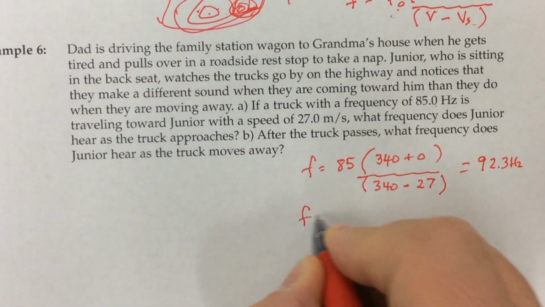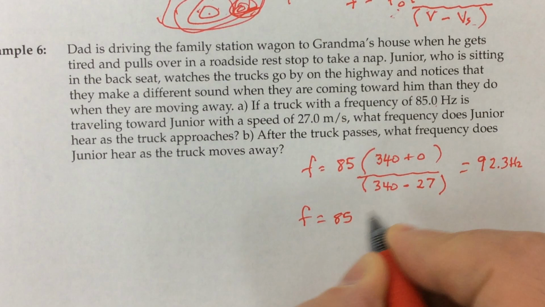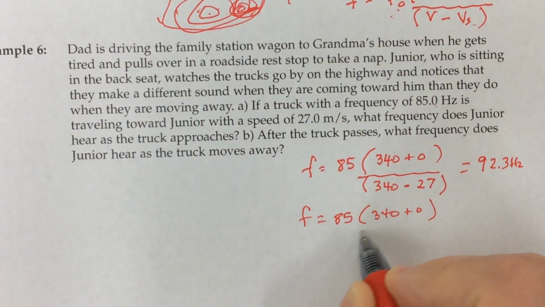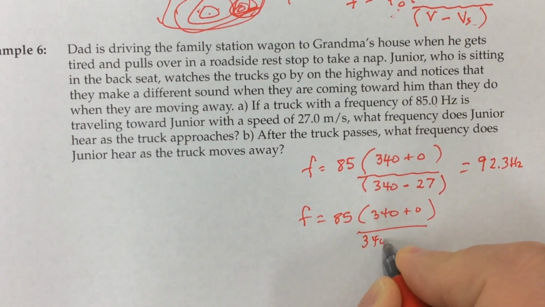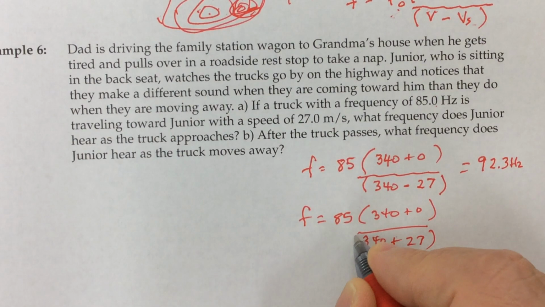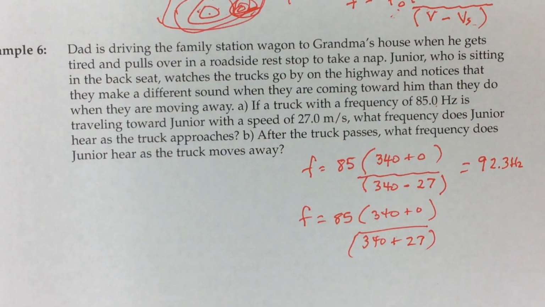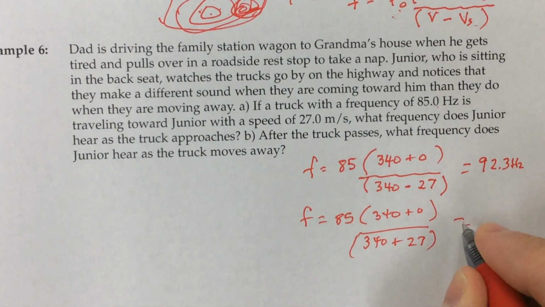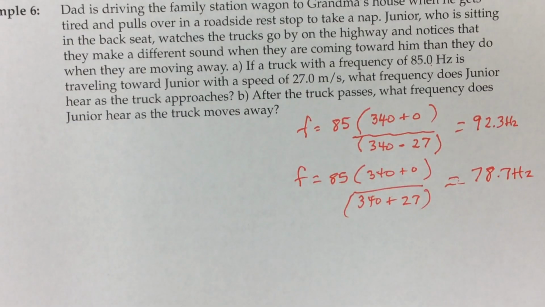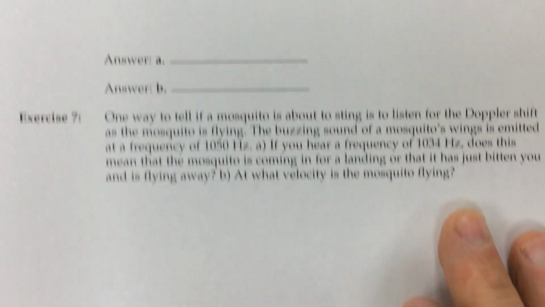So F equals 85 times 340 plus 0, because he's not moving, and then 340, the speed of sound again, minus a minus 27, which is going to affect the 85. It's going to go lower than the 85 now. And you end up with 78.7 hertz. See, this is easy breezy.